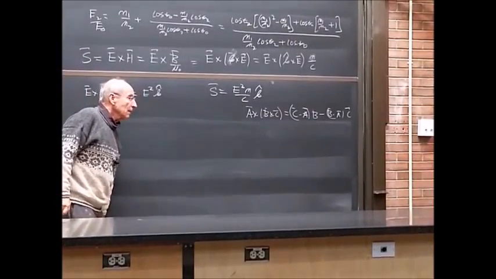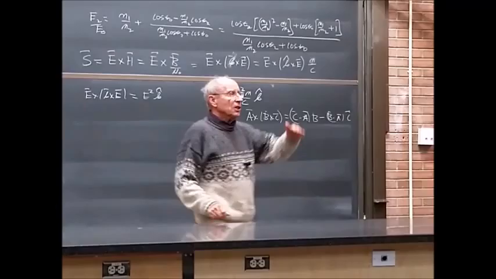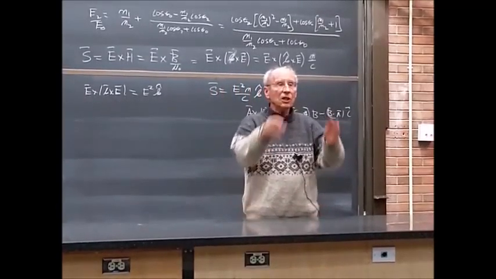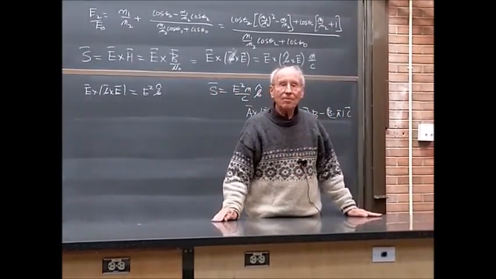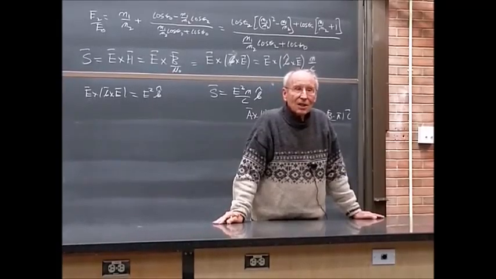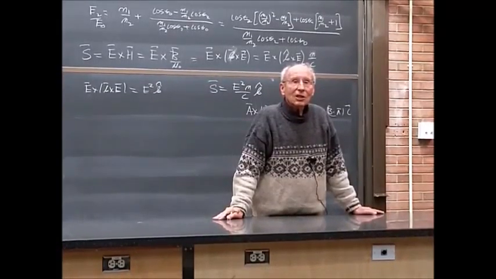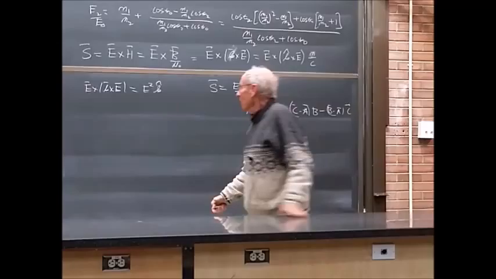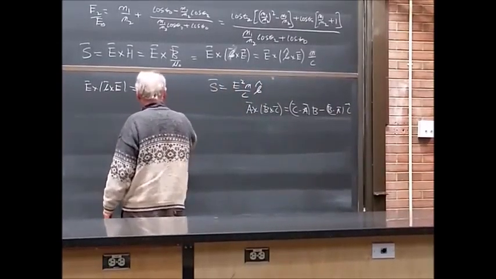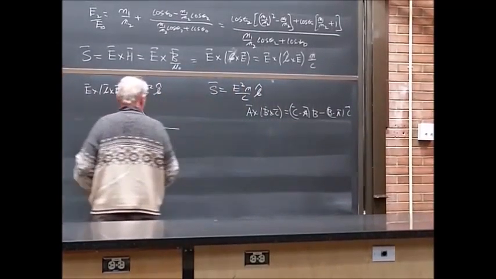Okay. Now, what is the energy incident on the plane? Is it S? No. It's S dot N. Because you've got the plane sitting like this and S coming like that.